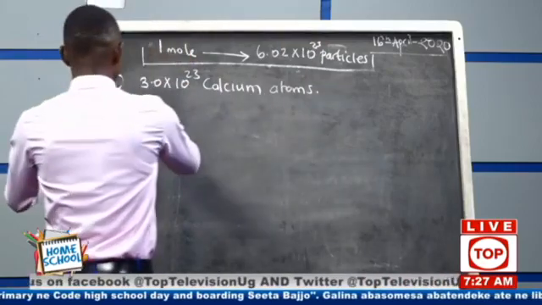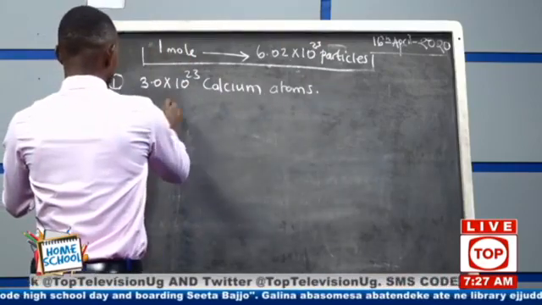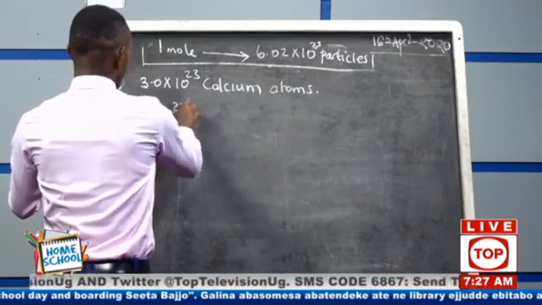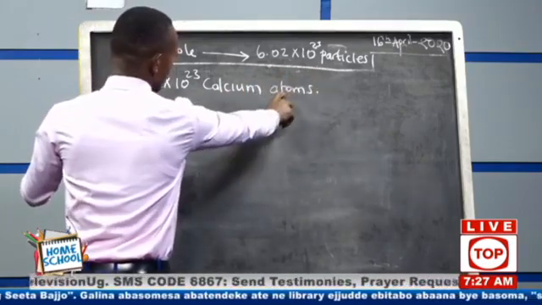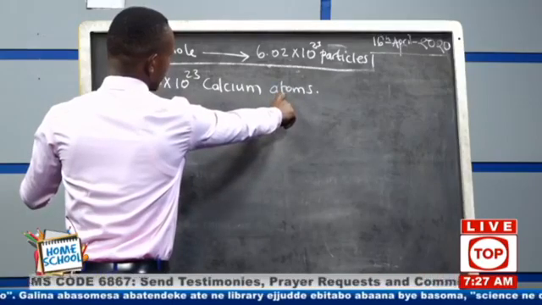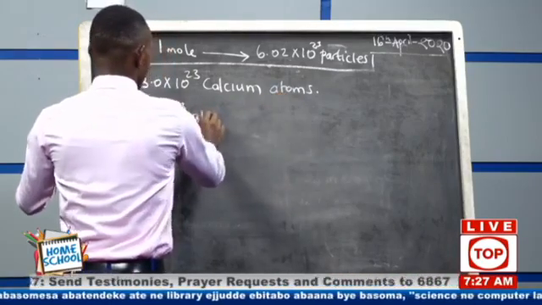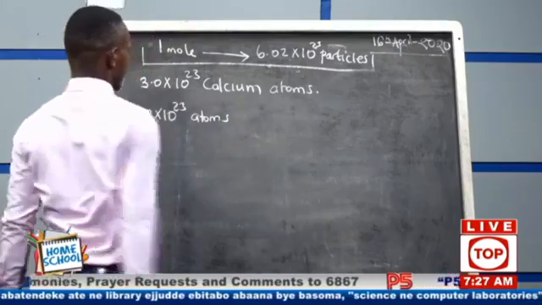We say 6.02 times 10 power 23, okay? Now we don't say particles. Remember, the particles are defined here. They are atoms, okay?